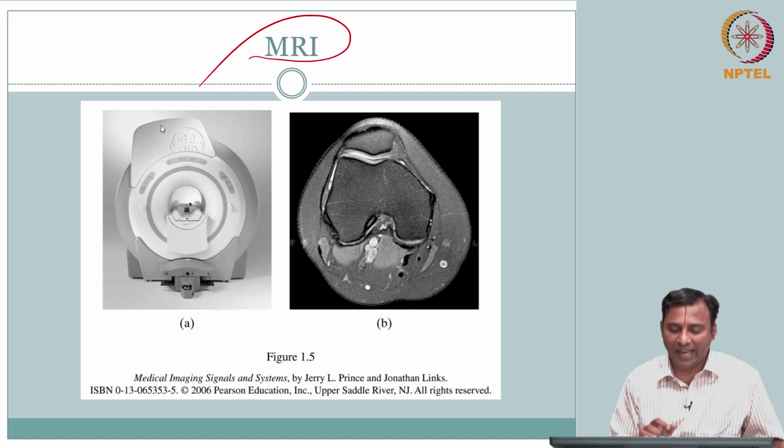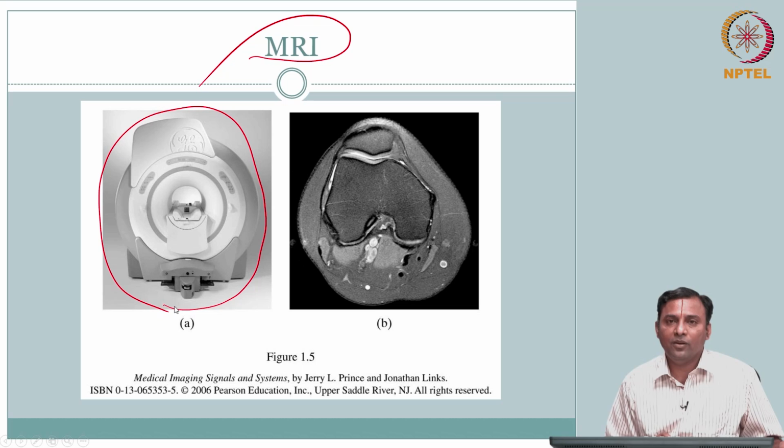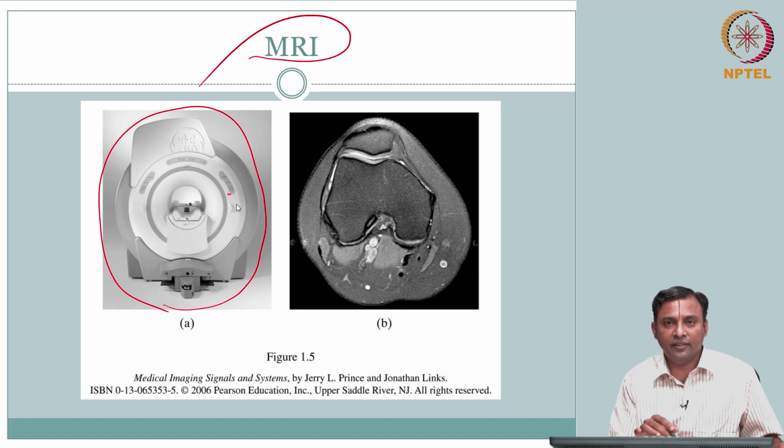What is not really captured in this image is that it just shows a typical MRI scanner. What is not captured is that this requires a lot of infrastructure. This has to be in a room, and a whole set of electronics goes around this, and there is a separate room where a dedicated operator technician has to be there, and the patient also has to be prepared before they come in.